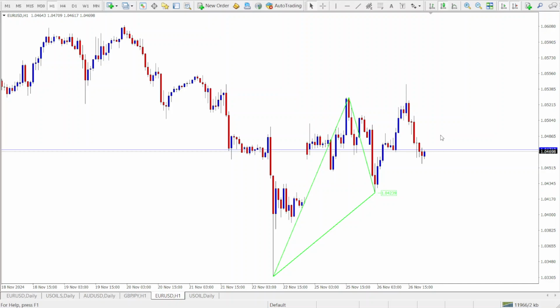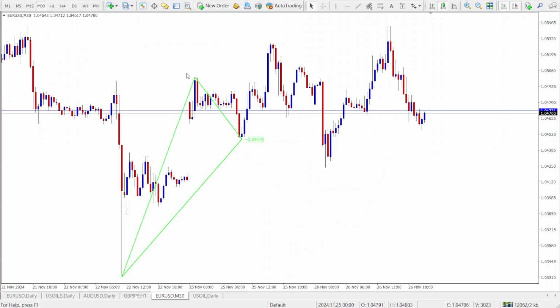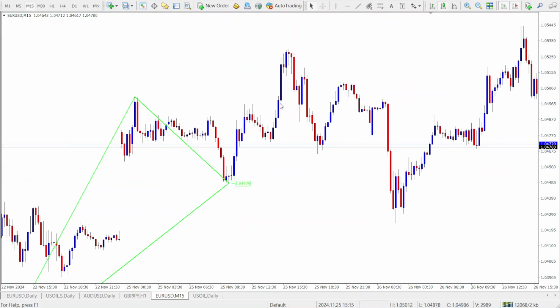There are a lot of chart patterns, but this indicator specifically focuses on triangle patterns. Whether it's an ascending triangle, a descending triangle, or a symmetrical triangle, the indicator identifies triangle patterns for you on your chart.